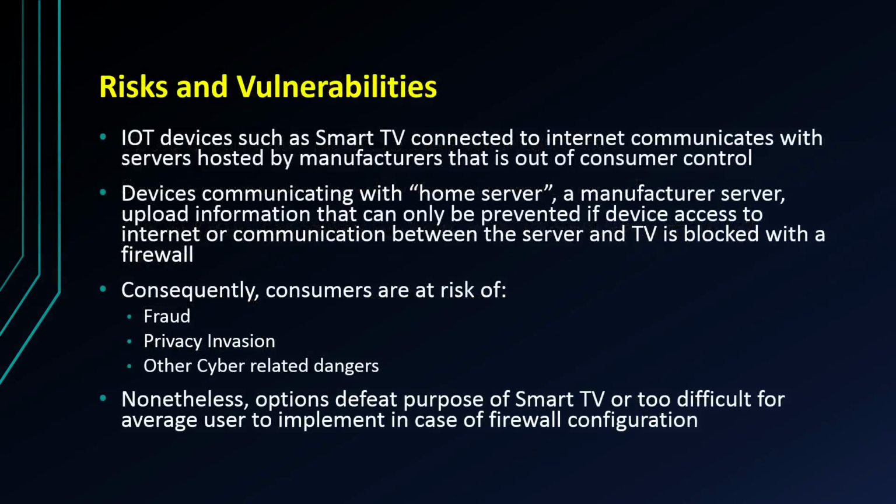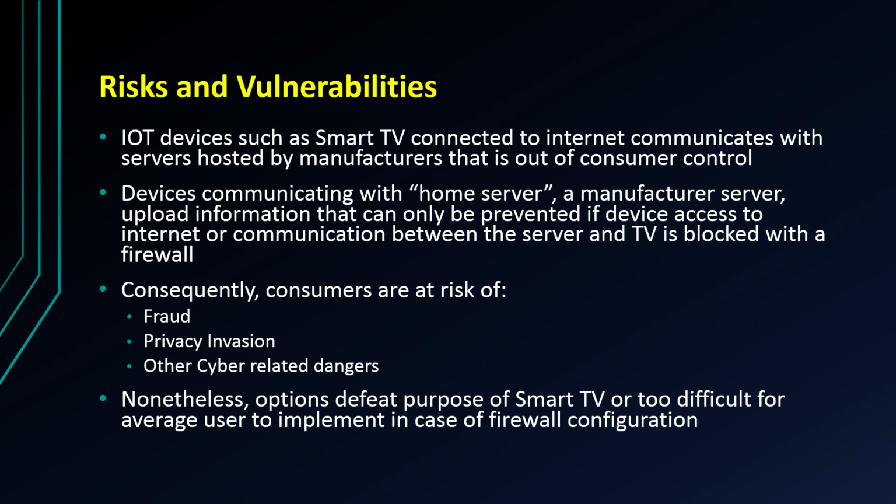Risk and vulnerabilities. There are several risks and vulnerabilities that are associated with the use of smart TVs. One of the many risks includes the connection of IoT devices to the Internet that communicates with the home servers hosted by the manufacturer that is out of consumer control. Thus, devices communicating with the home server upload information that can only be prevented if the device access to the Internet or communication between the server and TV is blocked with a firewall.